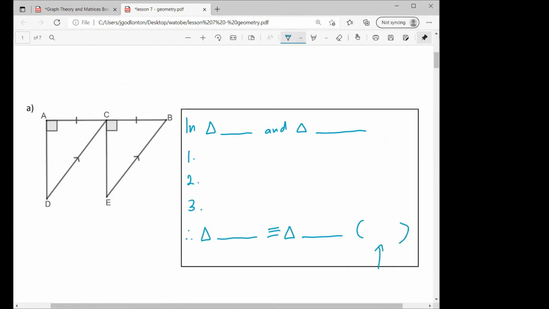And that reason is either going to be right angle hypotenuse side, side angle side, side, side, side, or side, angle, angle. Okay, all right, give this one a go, guys. When you're happy with your answer, either let me know what you did or write it in the chat. Even if it's just one of the lines, that's great. I'm happy with anything you're able to give me. Just try your best. Tell me how it goes.